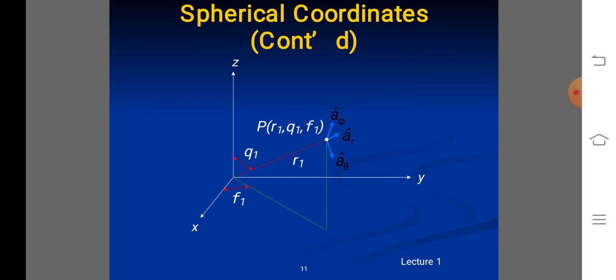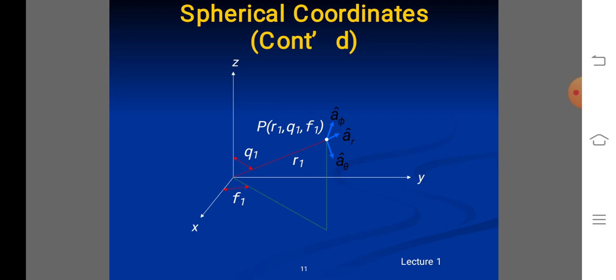This is the spherical coordinate system figure. The figure shows a point P in the spherical coordinate system represented as r, theta, phi, where r is defined as the distance from the origin to point P, or the radius of a sphere centered at the origin and passing through P. Theta is the angle between the z-axis and the position vector of P. Phi is measured from the x-axis, same as the azimuthal angle in the cylindrical coordinate system.